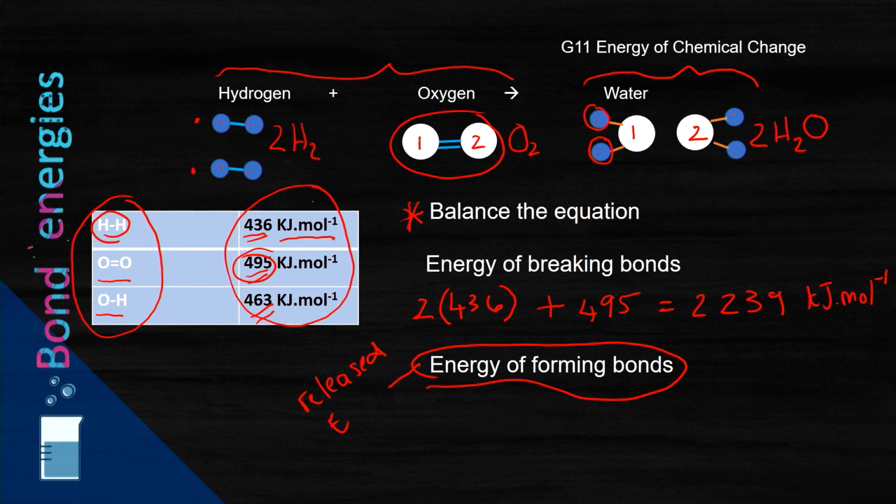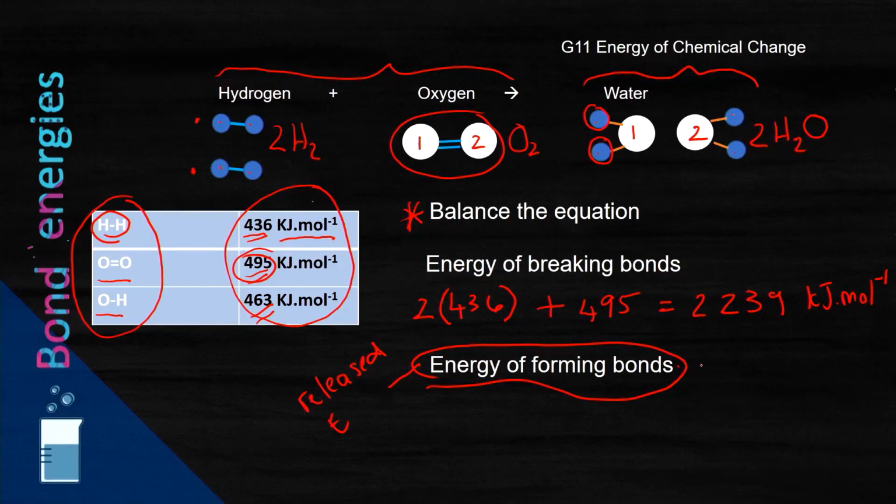We can say that that is negative because it is being given out, whereas the energy that is absorbed, we can say it's positive because it's being taken in. So sometimes we write this energy as a negative value because it is energy that is being released when those new bonds are being formed.